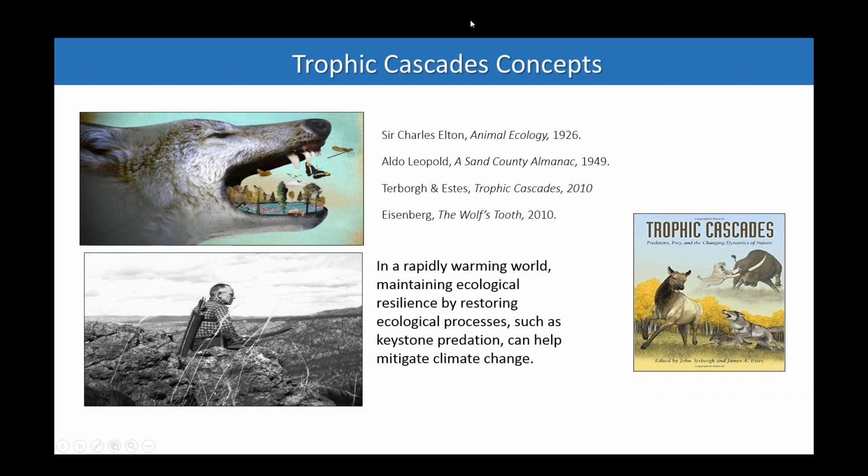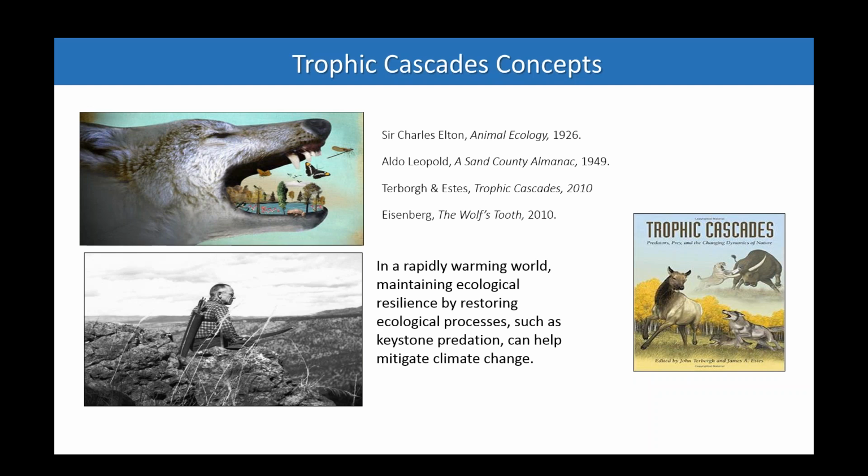Terborgh and Estes wrote a book that I recommend, Trophic Cascades, published in 2010, and that's a pretty scholarly treatise on trophic cascades, which occur worldwide in all kinds of ecosystems. And I wrote a book about this in 2010. Both of those books are published by Island Press. So the act of predation is an important ecological process.